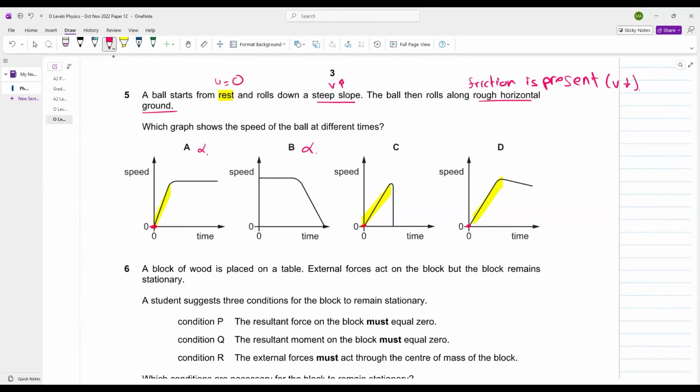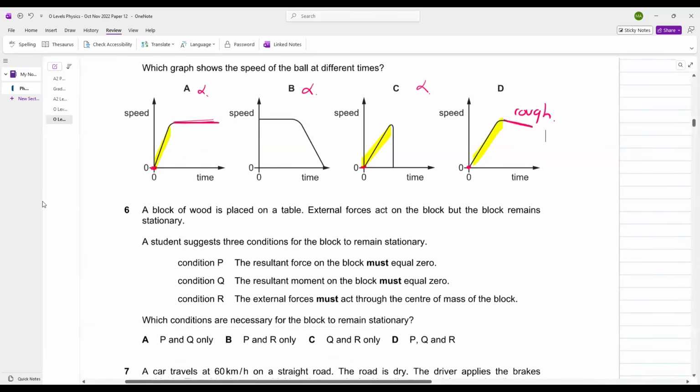Option A will get cancelled out because in A, the speed becomes constant. On a rough horizontal ground, the speed decreases gradually. C will also get cancelled out because the speed is instantly becoming zero. D is the correct option. Because on a rough horizontal ground, on a ground where friction is present, your speed gradually decreases. D is your answer.